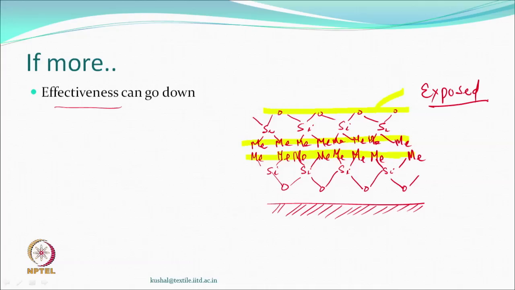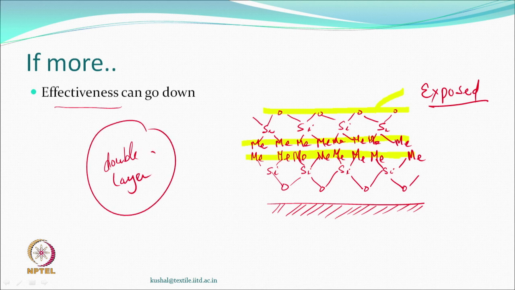If you change methyl to ethyl to propyl, it is not going to help, because orientation and a single layer is an important thing rather than creating a possibility of formation of a double layer. We do not want it. Okay.